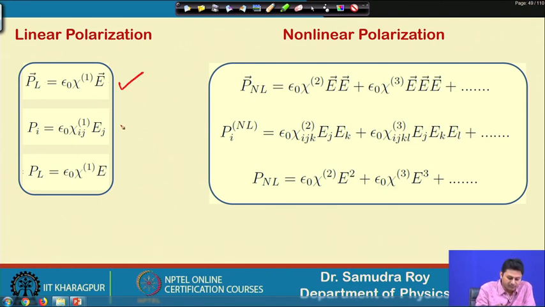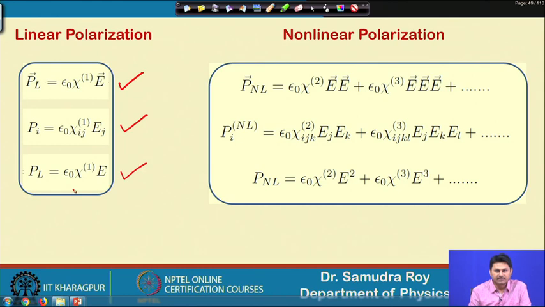In component form, we have the second, that Pi is epsilon 0 kappa ij Ej. This is the normal representation when the polarization is simply linear in nature, and PL stands for the linear polarization, where polarization and electric field are proportional to each other. So, this is the most standard form we always use for the linear case.